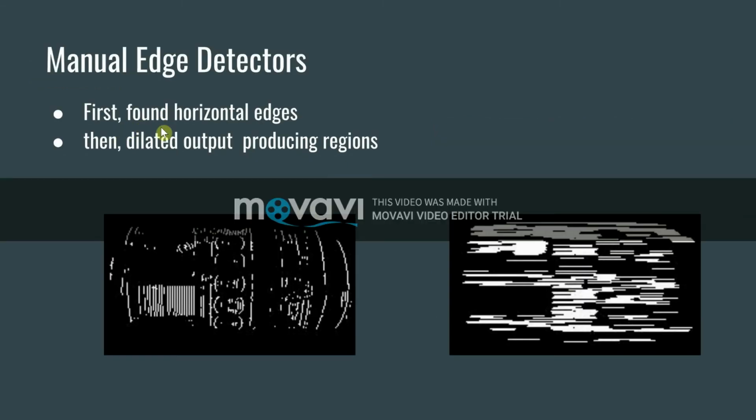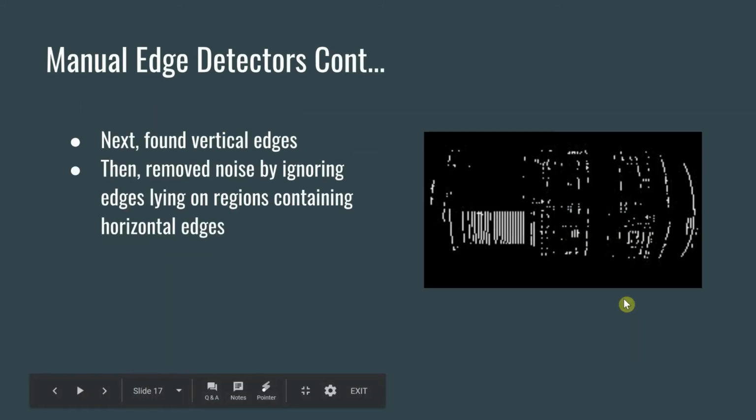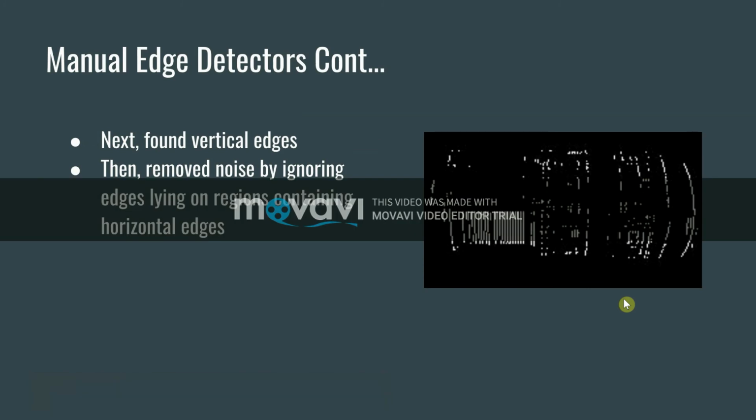The first step was we find the horizontal space, which we don't need. As you can see, the barcode is vertical, so we can get the horizontal and remove it. In the second step, we focus on the vertical lines, which we need for the barcode.